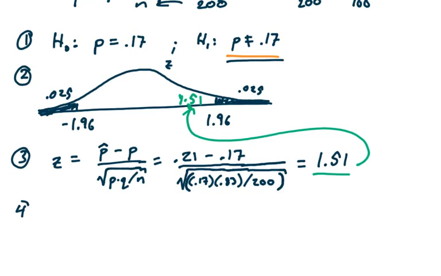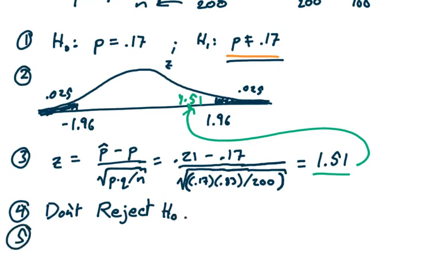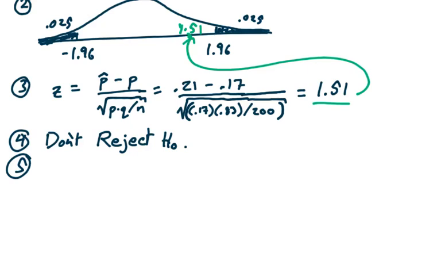Therefore, in step 4, we fail to reject the null hypothesis. And then finally we have to summarize the results in words. Let's scroll up a little bit and summarize the results.